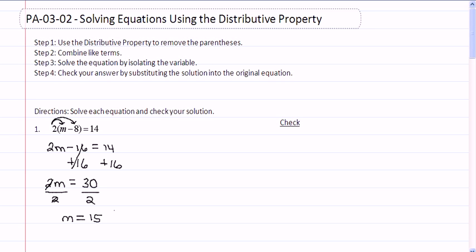So to finish this, I have to check my answer of m equals 15. So I write the original equation, and I substitute 15 in for m.